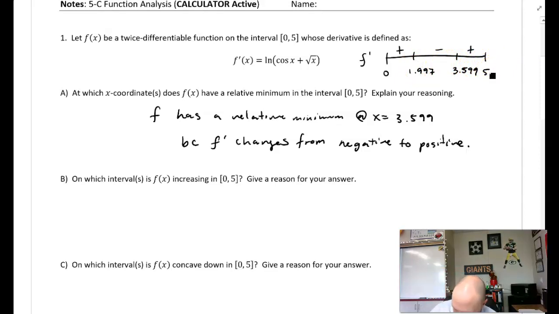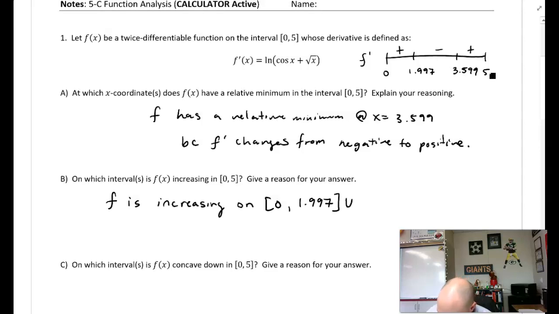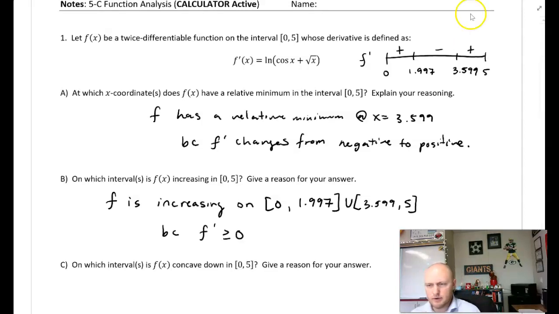So we can say f is increasing on 0 to 1.997 union 3.599 to 5, and the reasoning is because f prime is greater than or equal to 0. Okay, there you go. Pretty straightforward.